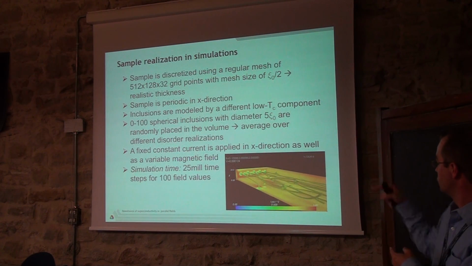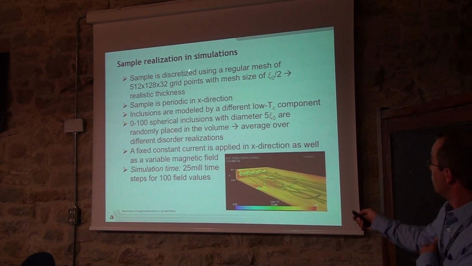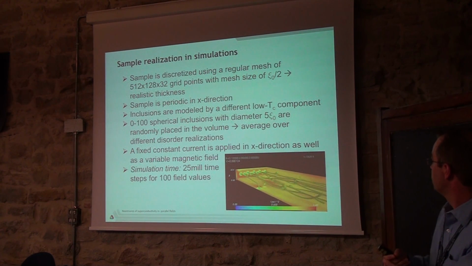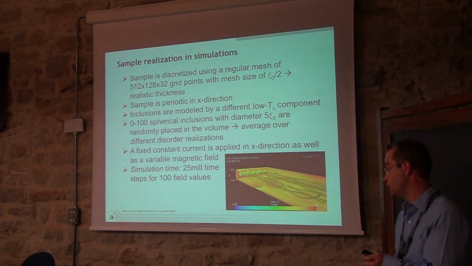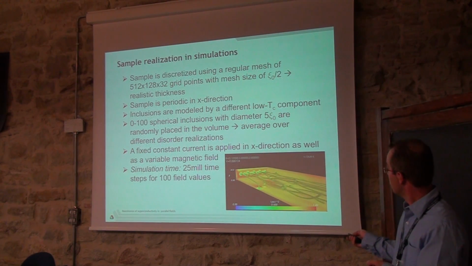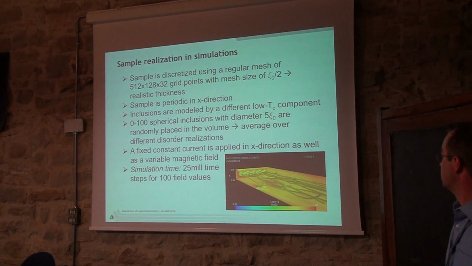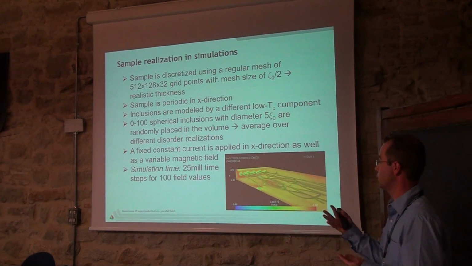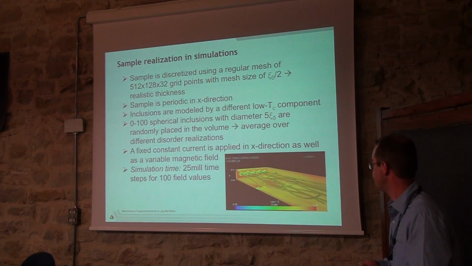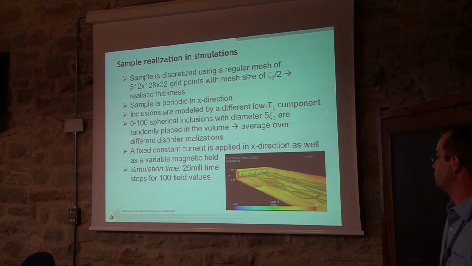The current is also applied in x direction. And this gives you about 2 to 5 million grid points, which we are simulating for this particular sample. And as you see, 32 times this half xi zero basically gives you the 16 coherence lengths, which the experimental system actually has. So we basically simulate more or less exactly the system which is described in the experiment.